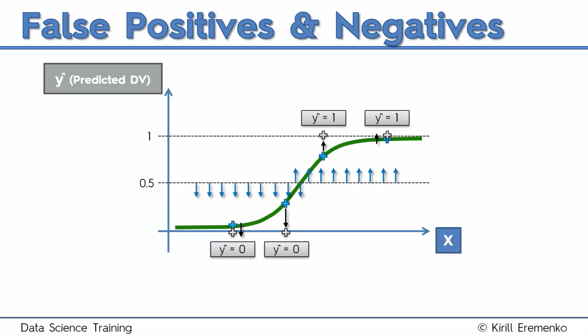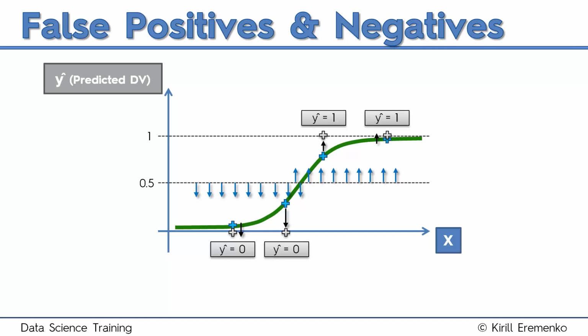And we agreed that anything below the 50% line will be projected downwards onto the 0 horizontal line, and anything above the 50% line will be projected upwards onto the 100% horizontal line. And that allowed us to turn probabilities into actual predictions, so either yes or no.